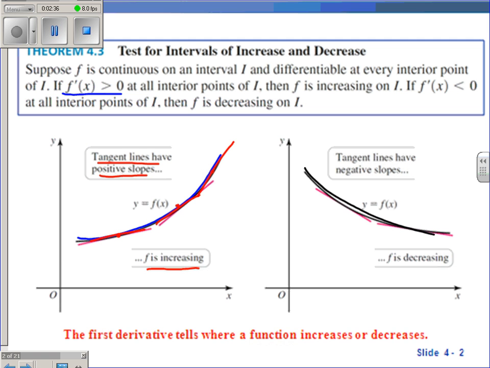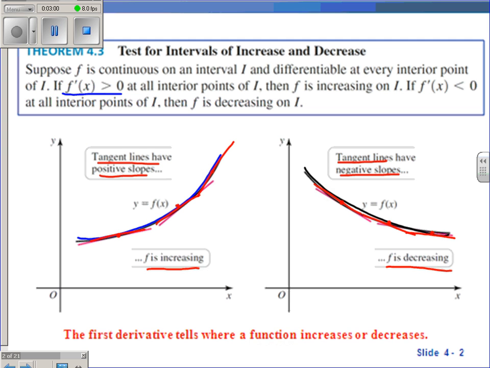We can see the function is decreasing because from left to right, the y values are getting smaller. Look at the tangent lines for all those points. If the function's getting smaller, the tangent lines are negative. They have negative slopes. That's representative of the function being decreasing.